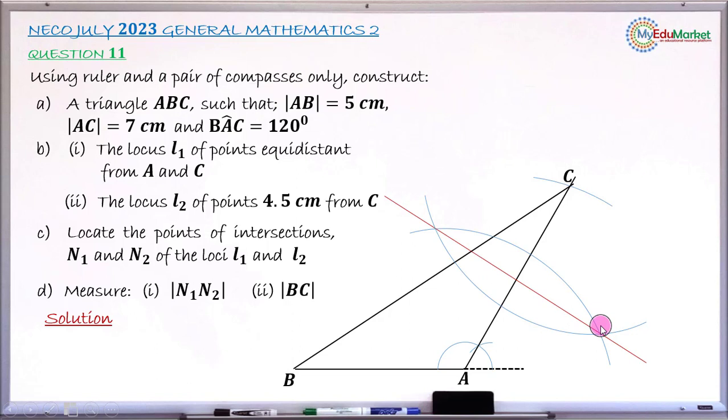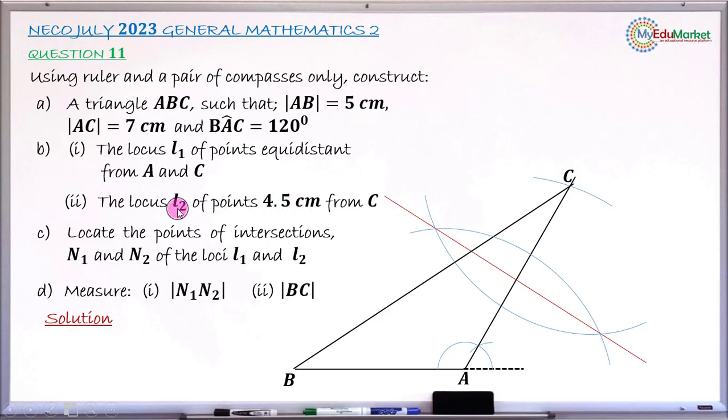So I'll continue. I'll now move to question Roman 2, the locus L2. That locus L2 is the locus of points 4.5 centimeter from the point C. You can see point C is just one single fixed point, and 4.5 centimeter means you have to draw a circle with the center at C and the radius of the circle 4.5 centimeter.